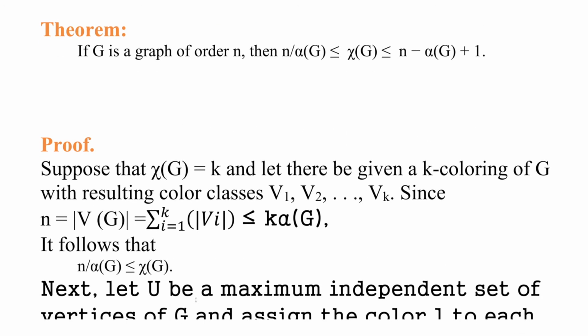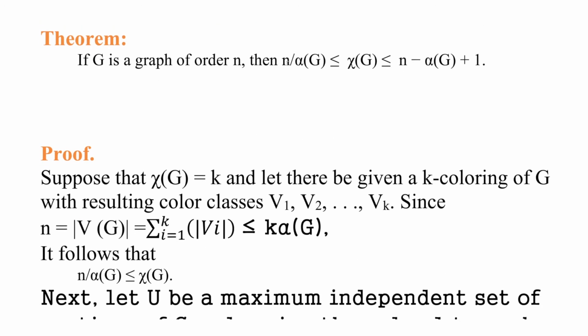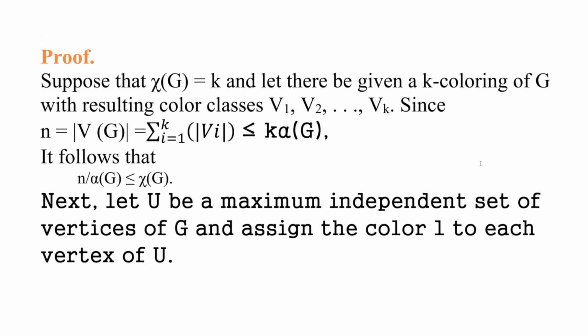And next, we are going to prove a theorem, actually an inequality. If G is a graph of order n, then n divided by alpha of G is less than or equal to chi of G, that is less than or equal to n minus alpha of G plus 1. Suppose that chi of G is equal to k, and let there be given a k coloring of G with resulting color classes V1, V2, etc., Vk.